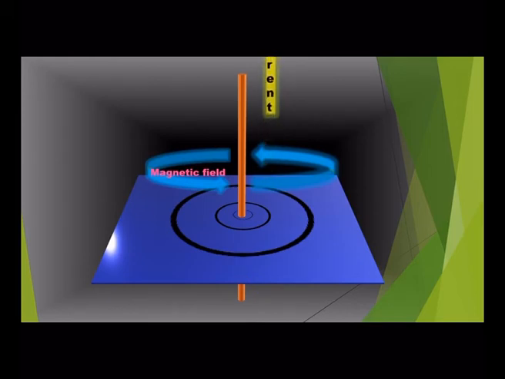As you can see the field lines around the copper wire, the distance between them keeps increasing as they move away from the copper wire, showing that the strength of the magnetic field is weakening away from the wire.